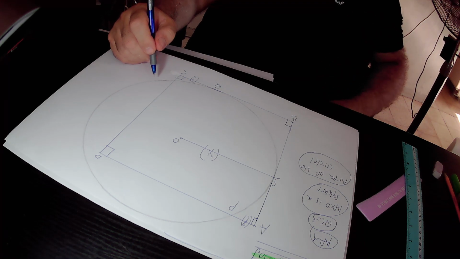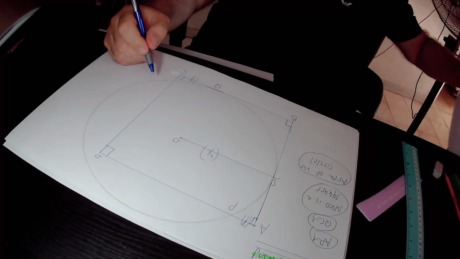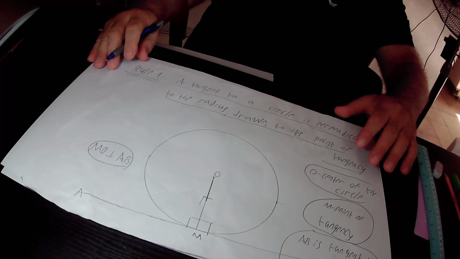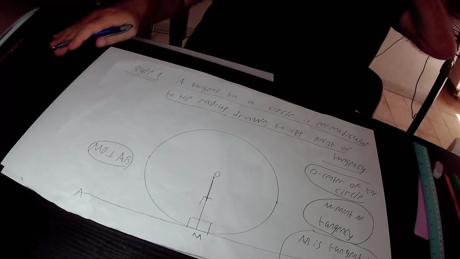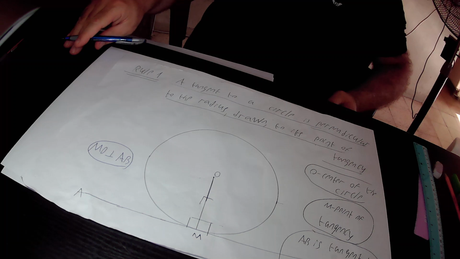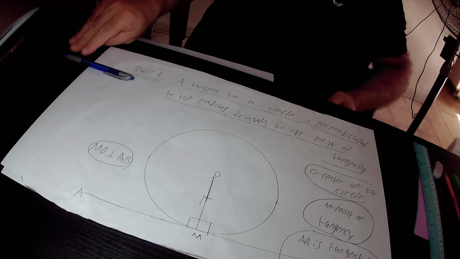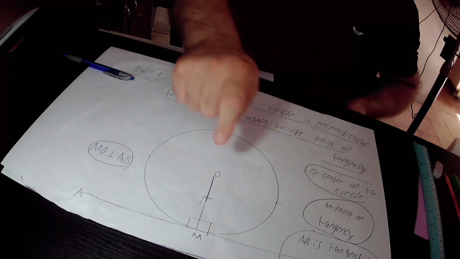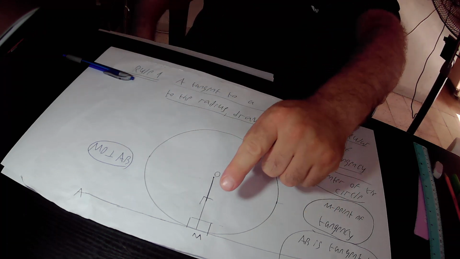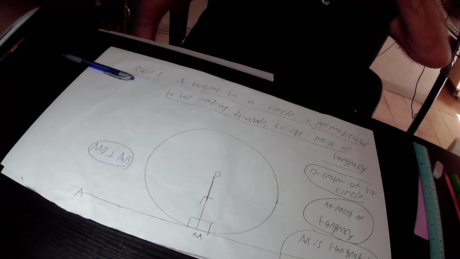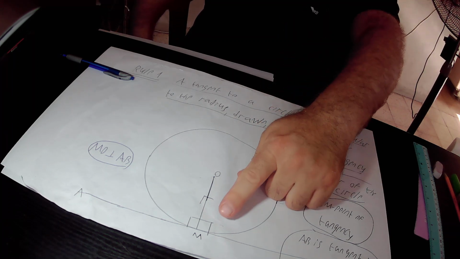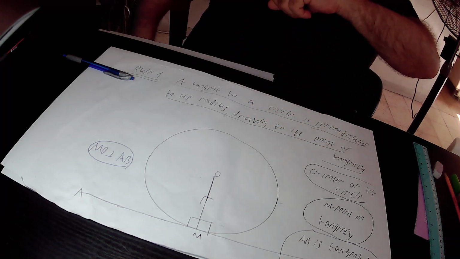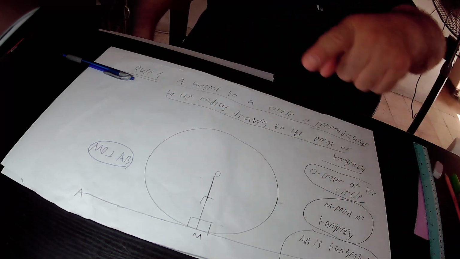Here we can implement rule 1. According to rule 1, a tangent to a circle is perpendicular to the radius drawn to its point of tangency. In the drawing, we have a circle, and this is tangent AB, that is tangent to this circle at point M. In addition, we have the radius OM that is equal to R. The radius OM is drawn to point M, the point of tangency of tangent AB with this circle.